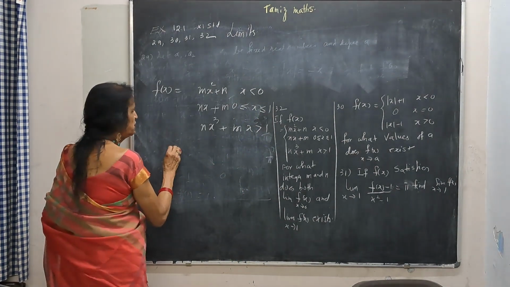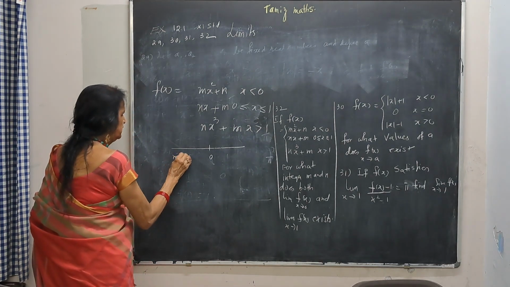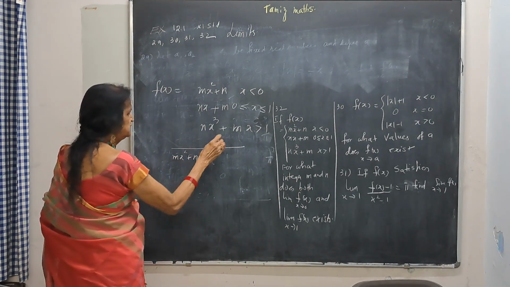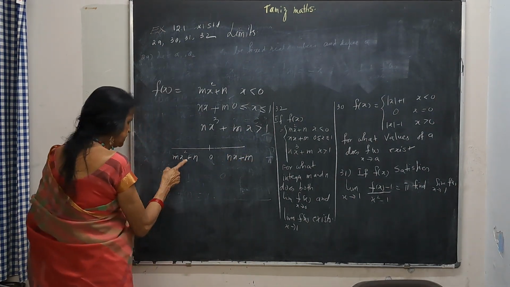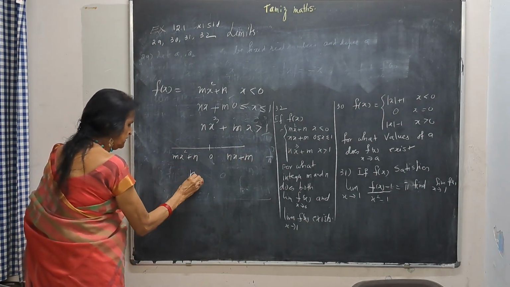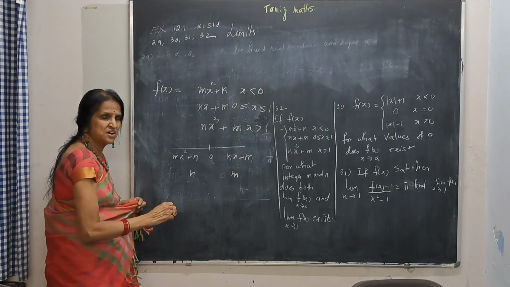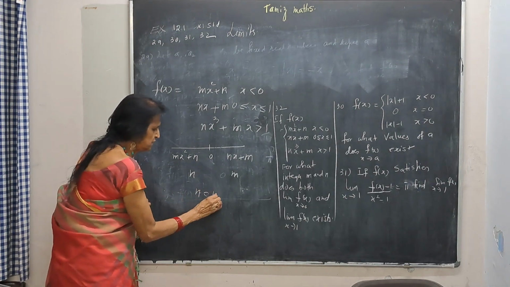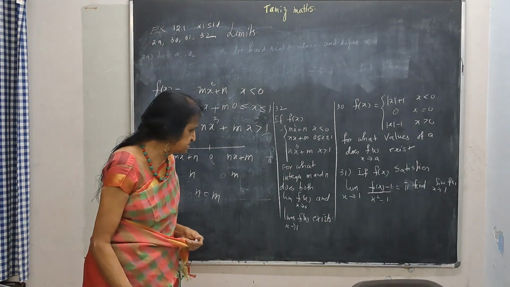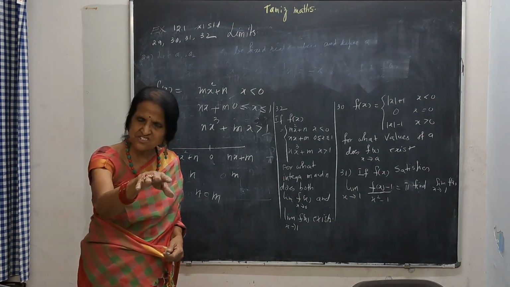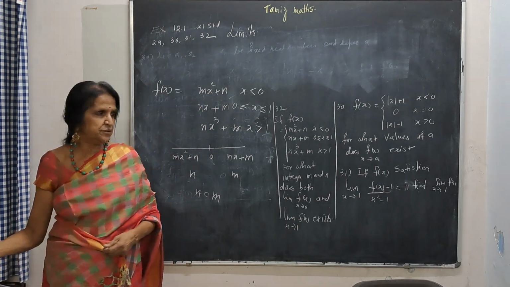Little less than 0, it is mx square plus n. Little more than 0, it is nx plus m. So this limit will be n. This limit will be m. When will this limit exist? This limit will exist when n is equal to m. So this is the answer for the limit of f(x), x tending to 0. The limit will exist if the integer m is equal to n.